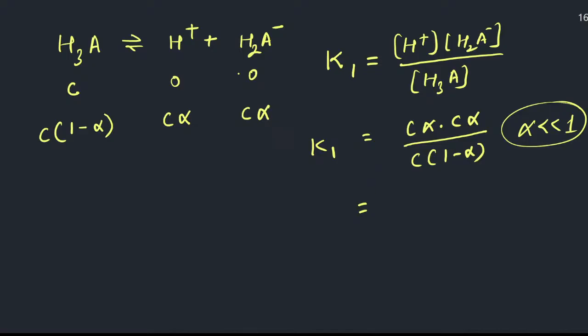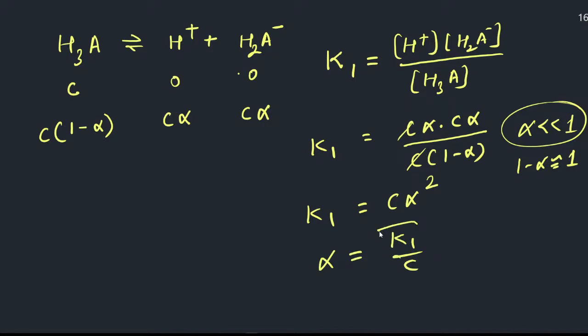So 1 minus alpha is equal to 1. C cancels. So C alpha square equal to K1. So alpha is equal to square root of K1 by C. So what is the H plus ion concentration?